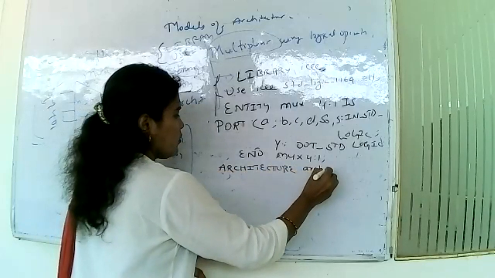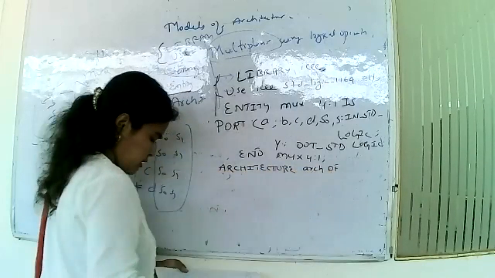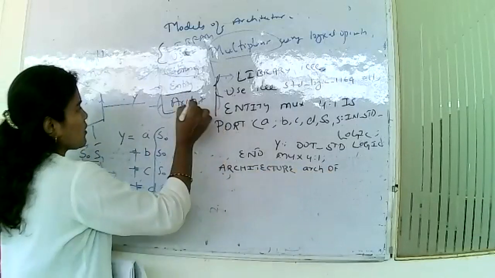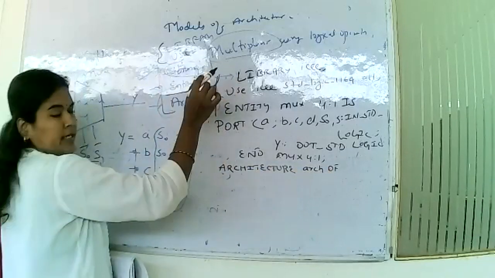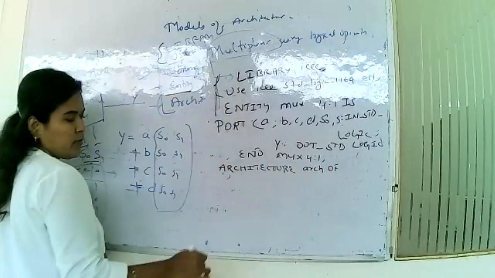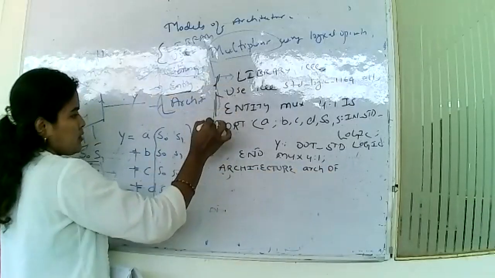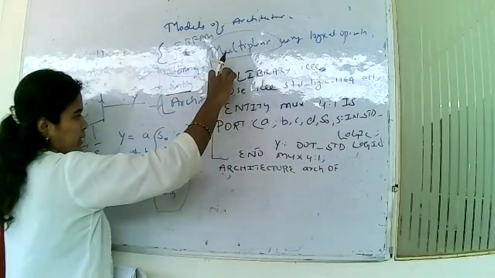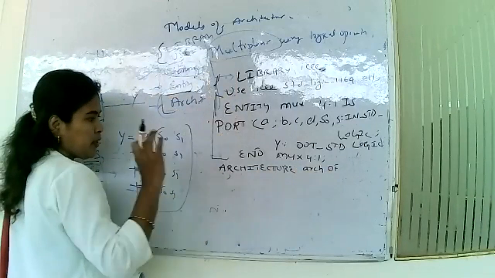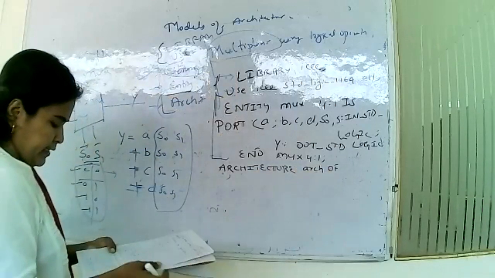Next one is architecture. First one is library, next is entity, third one is architecture. So we have completed the library and the entity. Now it's the architecture.